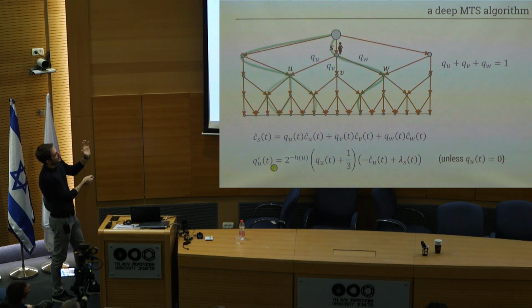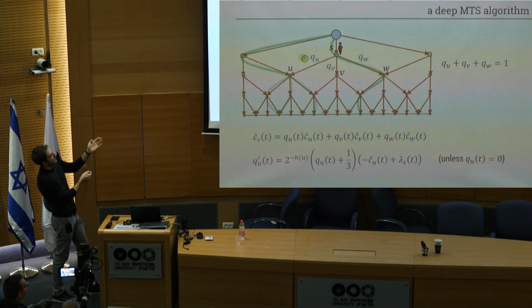I'm going to reduce the weight I put on U multiplicatively, scaled according to the negative cost. So if this vertex is reporting that the cost of playing beneath it is large, I'm going to reduce the weight I put on it accordingly.